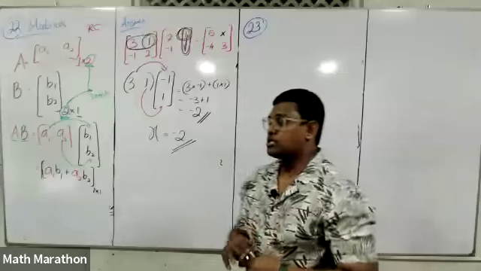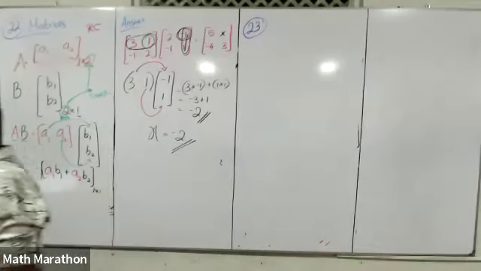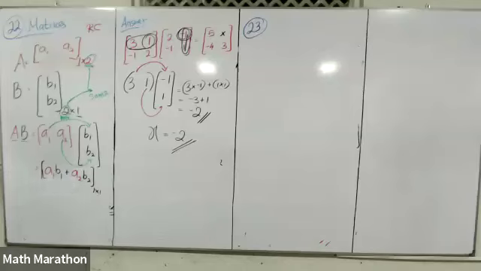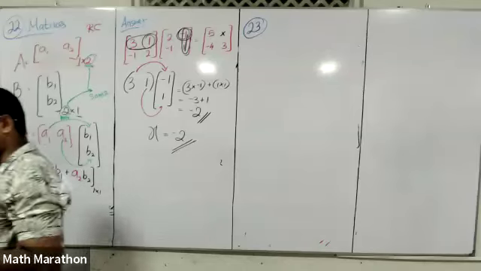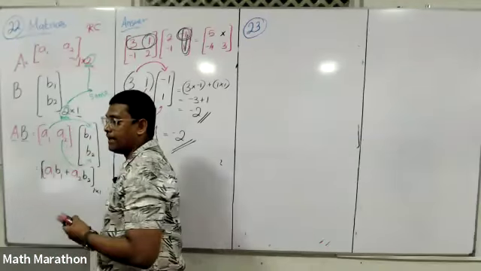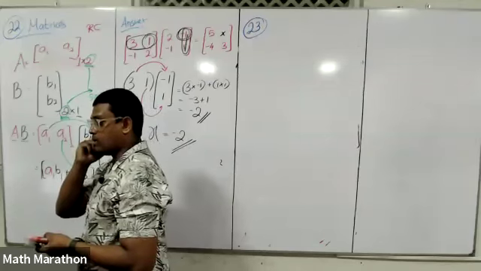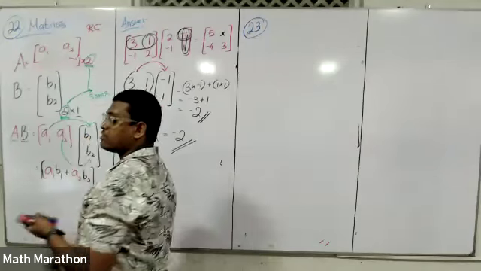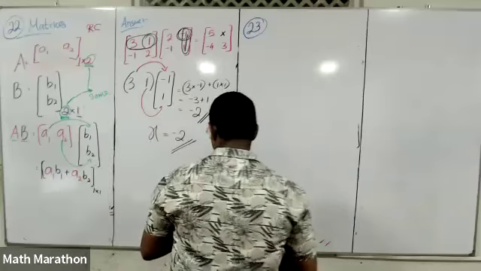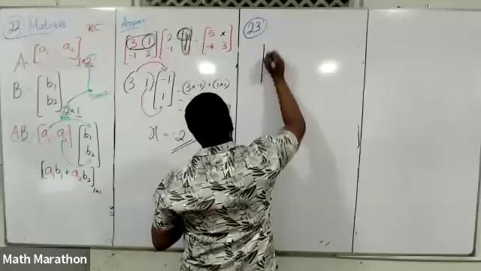Okay? So sets. From the group of students who are represented in the Venn diagram, the set of students who like mathematics is represented by A, and the set of students who like science is represented by B. In the Venn diagram, shade the region that represents the students who like only one of these two subjects.